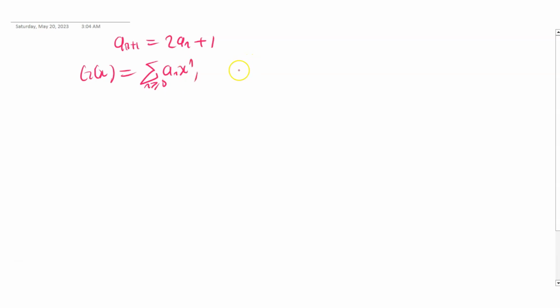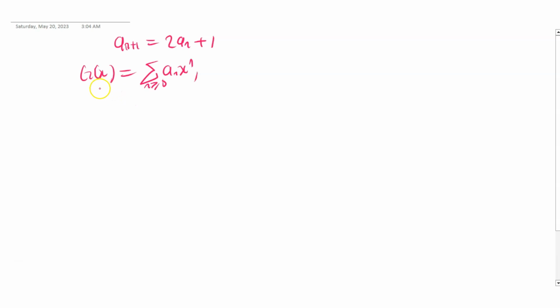This is the general formula for the sequence: a sub n plus 1 is equal to twice a sub n plus 1. So let's define g of x to be the sum from n greater than or equal to 0 of a sub n x to the n, which is called the generating function for this sequence.